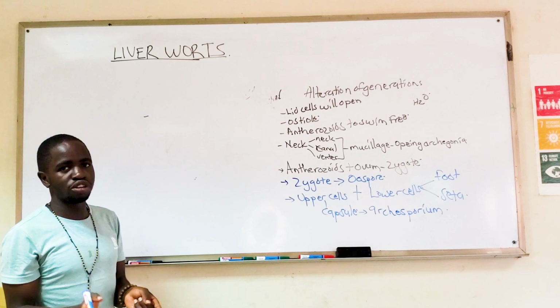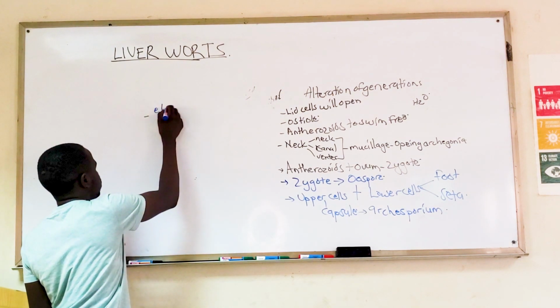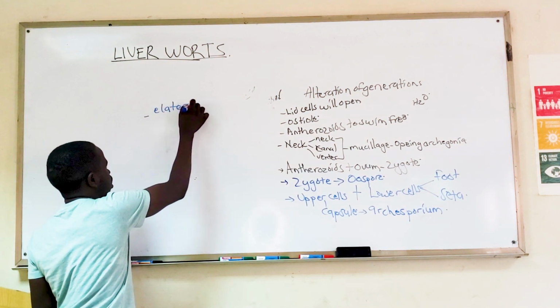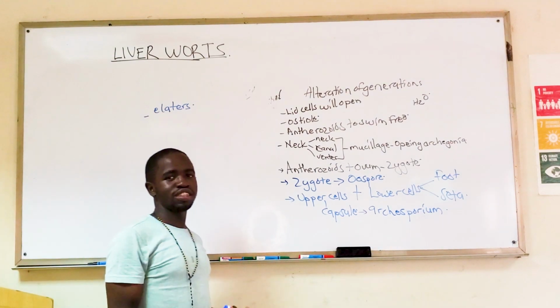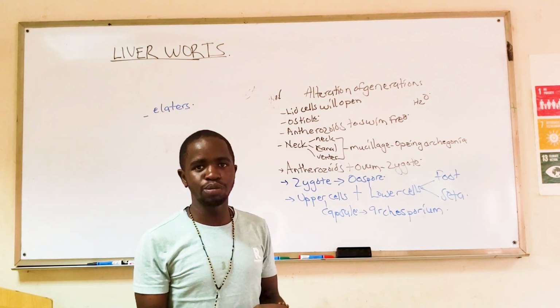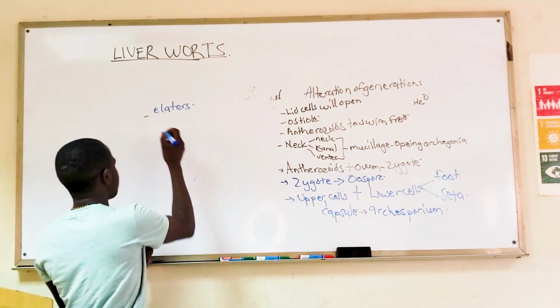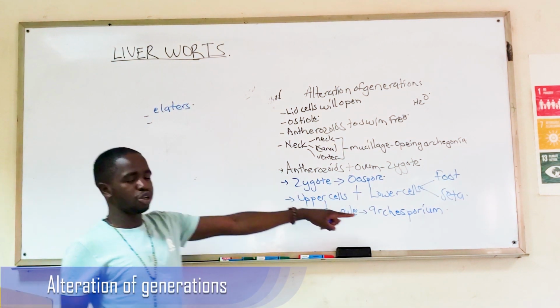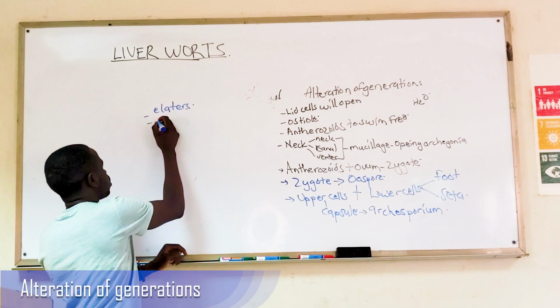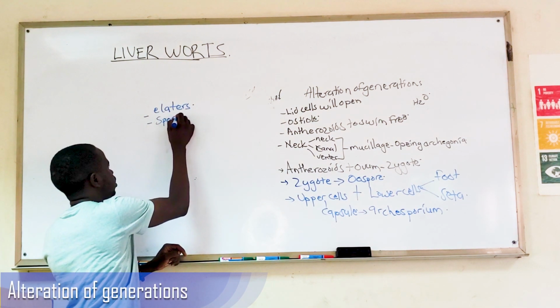Number one, they will differentiate into elaters. As we have already said, elaters are hygroscopic cells that absorb water to aid in spore dispersal. Number two, these archesporial cells shall differentiate into the spore mother cells.